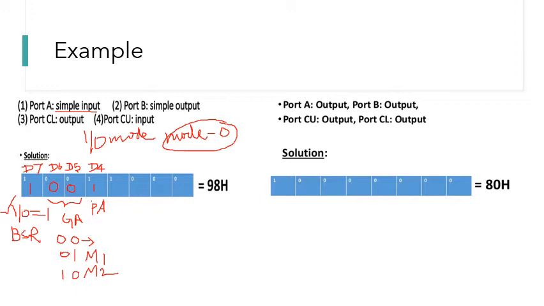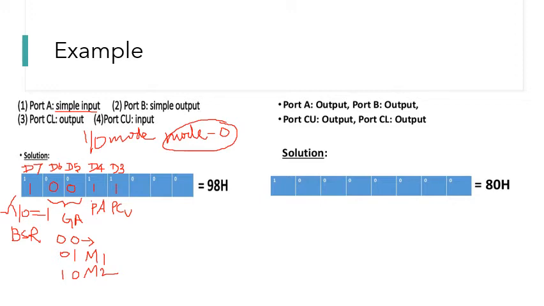If we write 0, it acts as an output port. Next, D3 is meant for port C upper. Our objective is to make port C upper an input, so again a 1.